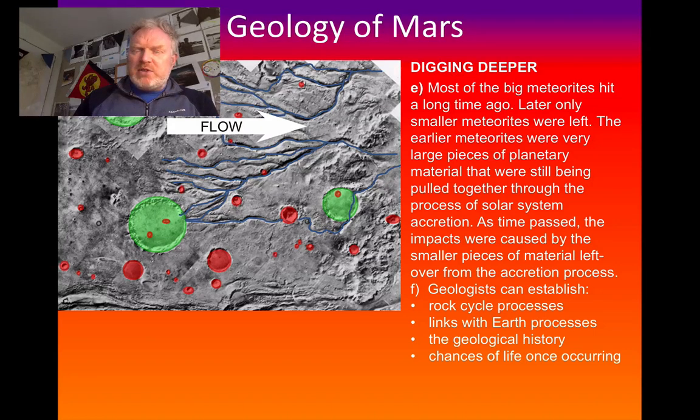Gives us a clue perhaps to the chances of life having occurred there in the past. And finally, possibly, something we'll explore in a bit more detail later, the idea of Mars being a prediction of the future of the Earth, although it would take about 1 billion years.